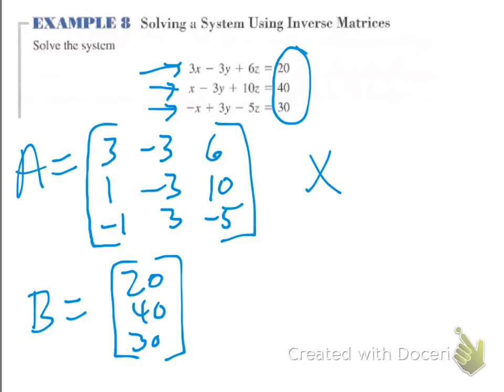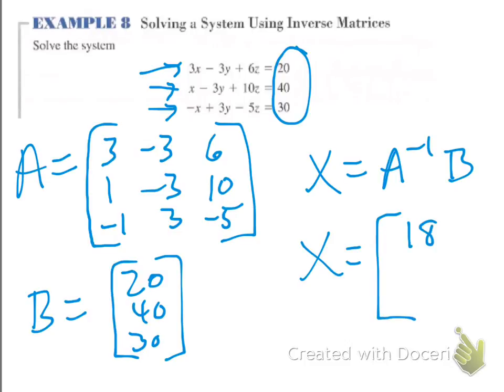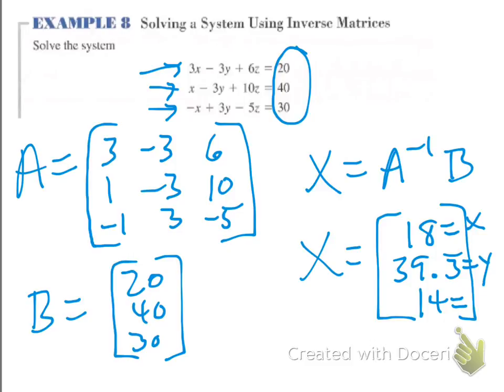So, A inverse times B, your calculators, and you wind up with 18, 39.3 repeating, and 14. So this would be X, Y, Z.